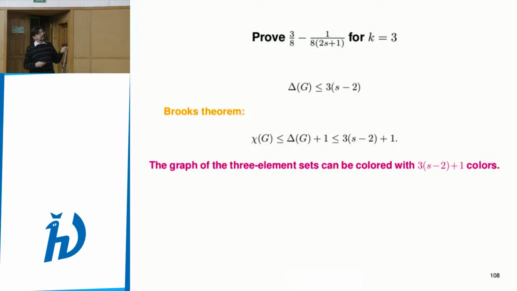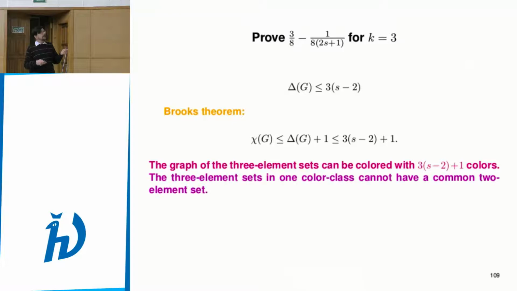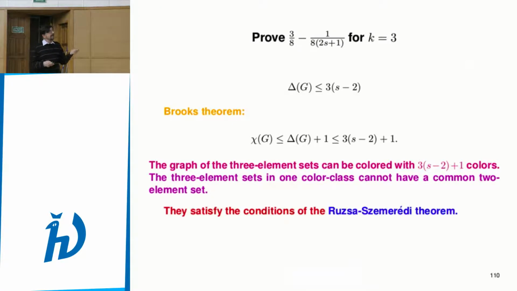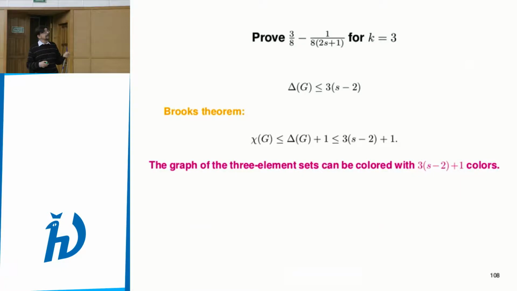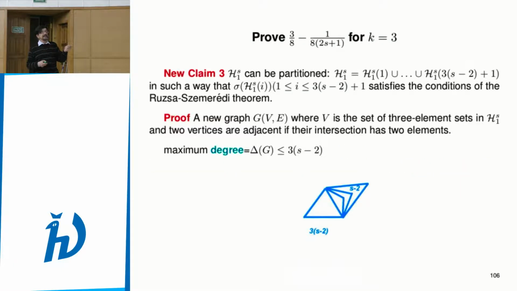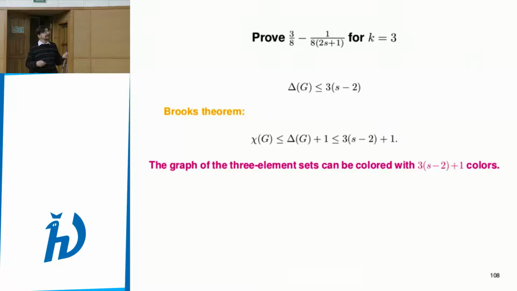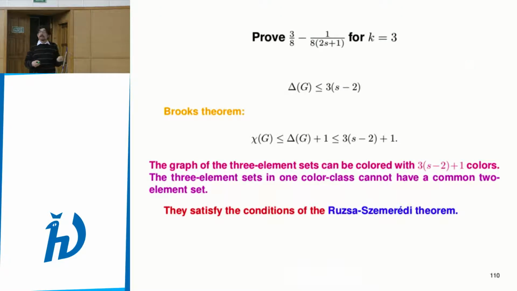So it means that they satisfy the condition of the Ruzsa-Szemerédi theorem. We need this many color classes, so we need at least so many such sets. But then, if we have so many, then we can say that they satisfy the Ruzsa-Szemerédi theorem.